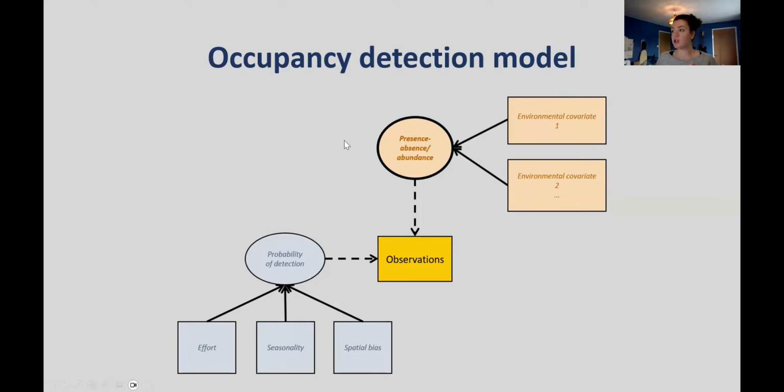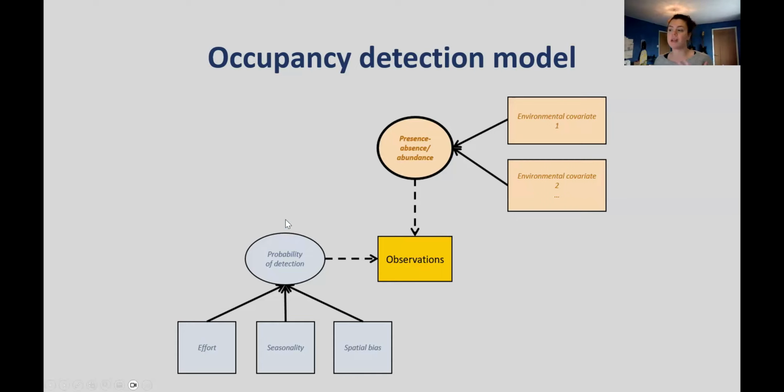So we've got an ecological model, which in this graph is shown here in pink, where you're basically modeling the true presence, absence, or abundance of a species as a function of different environmental covariates, such as, for example, climate or habitat type. The second part of this model is this one in blue, which is the observation submodel. And here we are really modeling the probability that the observer will observe and record a species as a function of different variables.